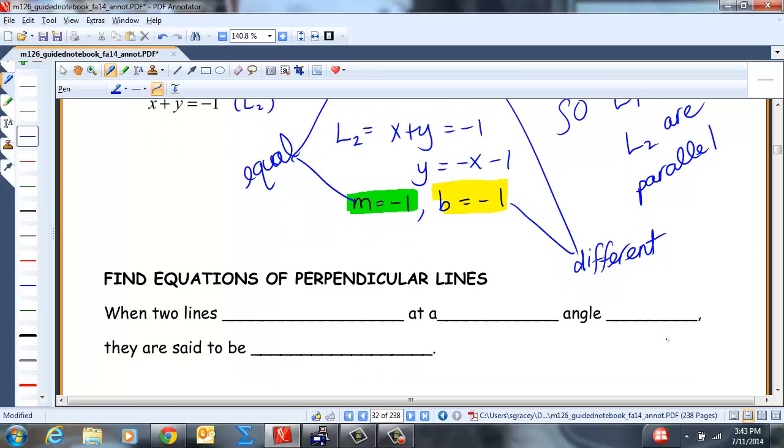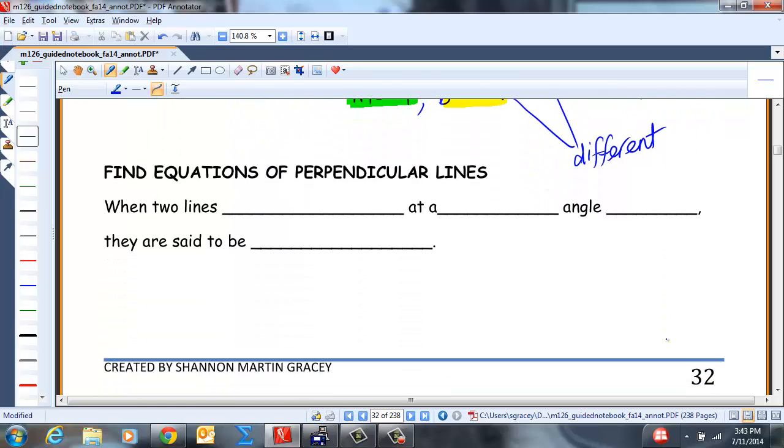So, perpendicular lines. When two lines intersect at a right angle, which is 90 degrees, they are said to be perpendicular. Okay? So it would look something like this.